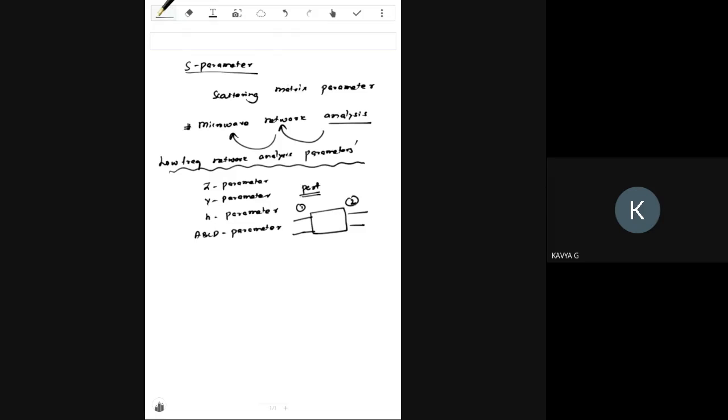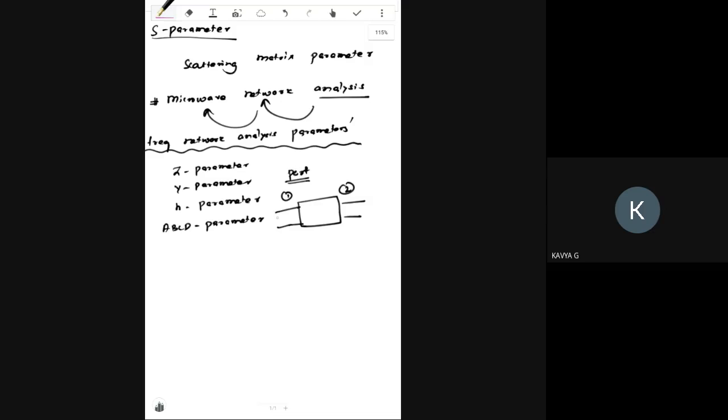So if you take these two pairs of terminals, and I send a voltage here, this is my V1, this is my output voltage, this is my current I1, and the current flowing out of here is I2.